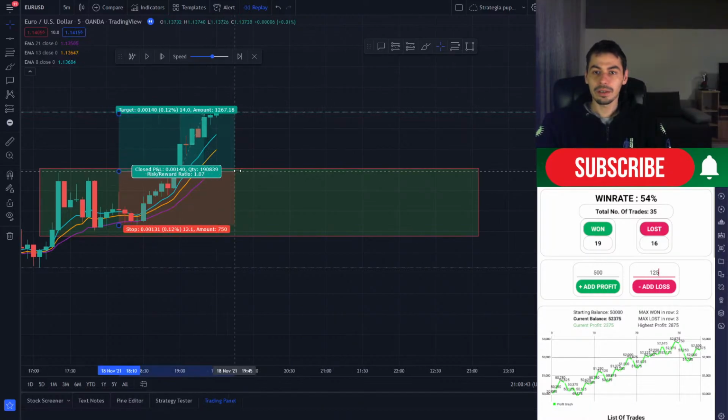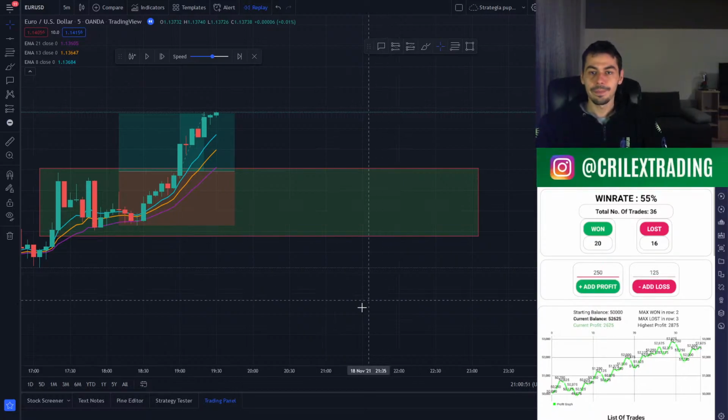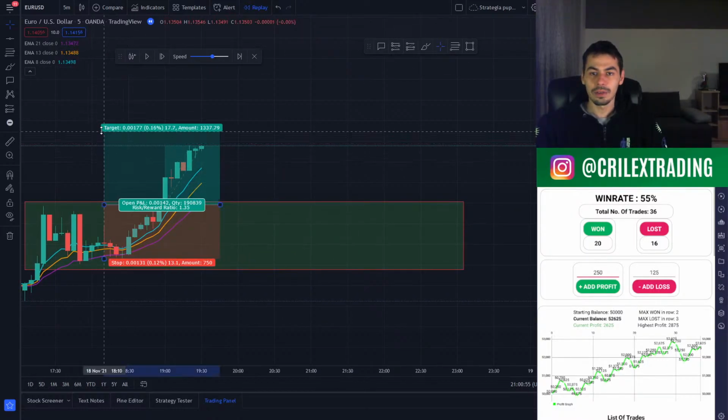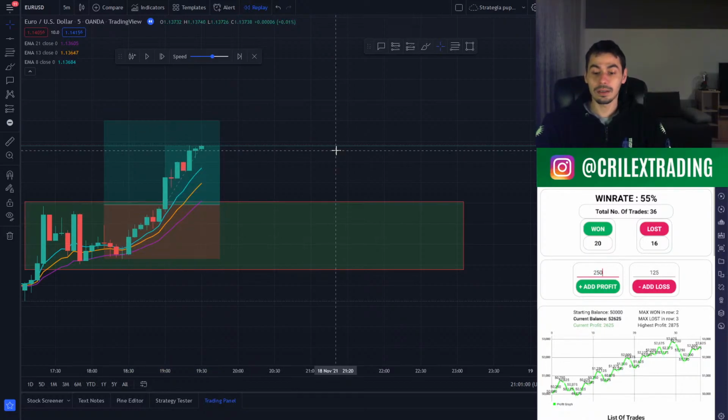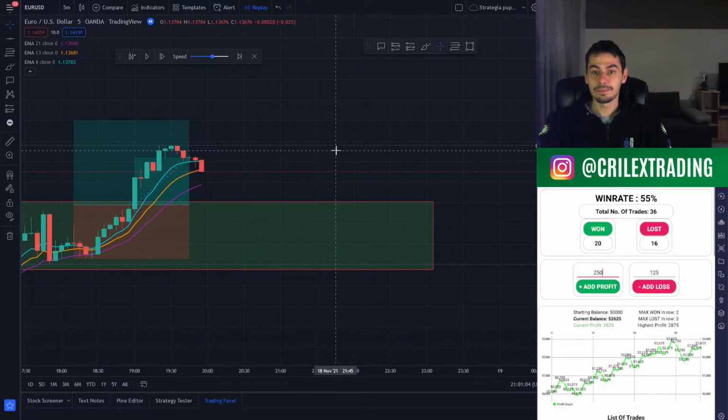We have the 1-to-1 locked in, which is nice. We don't have any risk on the table for the moment. Let's add this profit right here. And now let's see if we can get to 1.5 to 1, sorry, so that we can do some hedging.